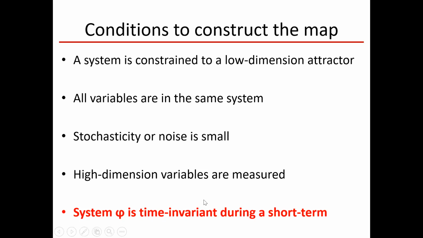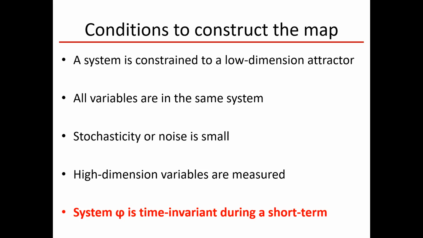So I'm not sure I answered your question. You asked why, with one variable, we can reconstruct the whole attractor. They have to satisfy these conditions. That one variable should be, mathematically, what we call generic.